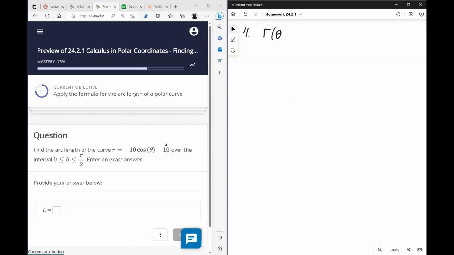Another similar problem. This time we have a circle or something like this. And to set up the integral for the arc length, we're going to use this formula.